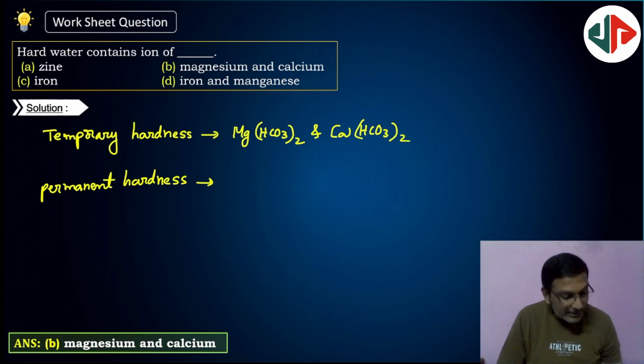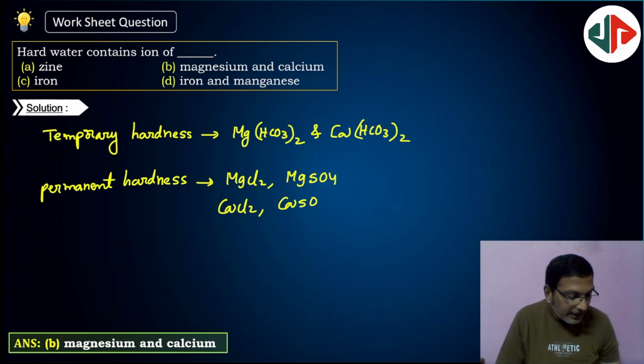Permanent hardness is due to magnesium chloride, magnesium sulfate, calcium chloride and calcium sulfate. So temporary hardness and permanent hardness are due to calcium and magnesium salts. So option B. Cations are calcium and magnesium, common in both types.